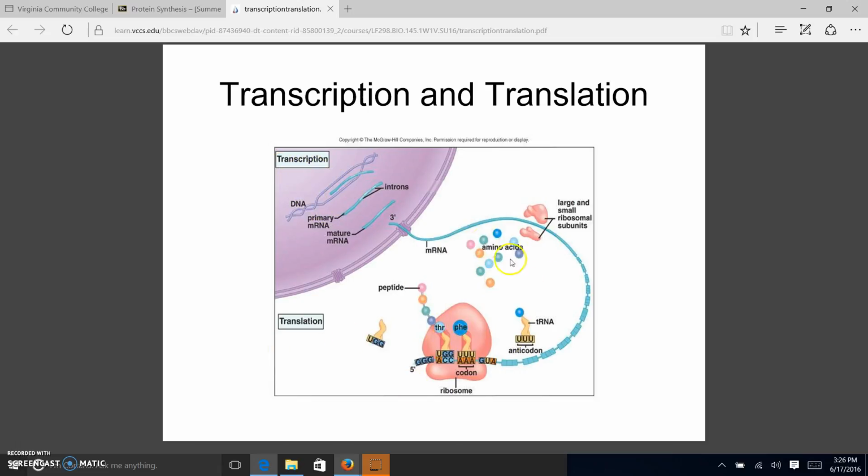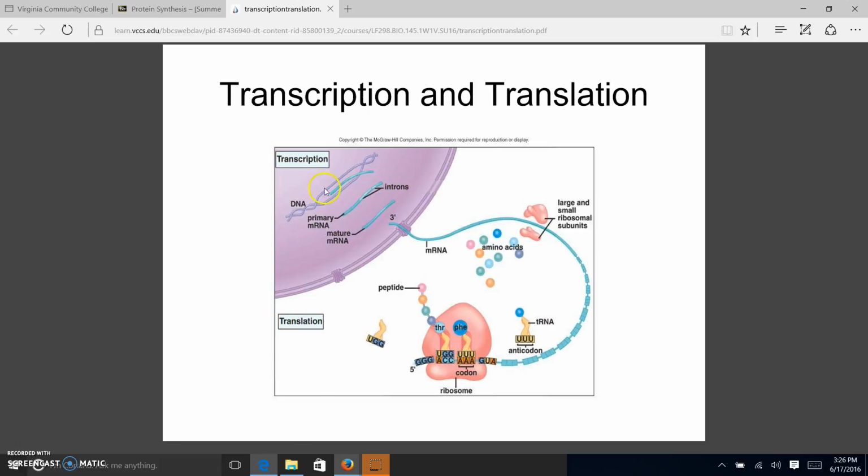We have our building blocks out here. We've got to get our instructions to our factory so we can bring our raw products in and build our product. Forming the instructions happens in the nucleus, called transcription. Building the actual product at the ribosome is out in the cytoplasm of the cell. It's called translation. So protein synthesis is made up of transcription and translation.